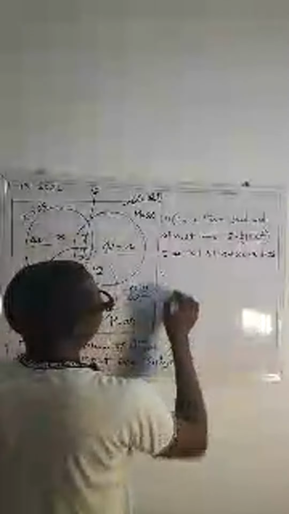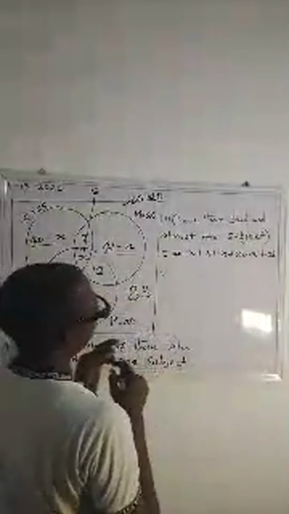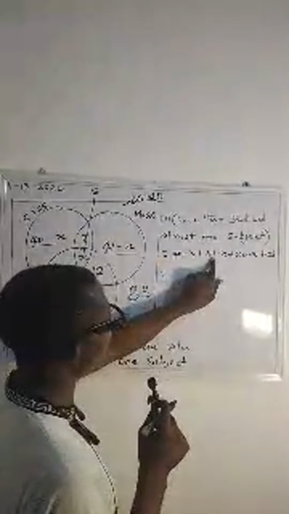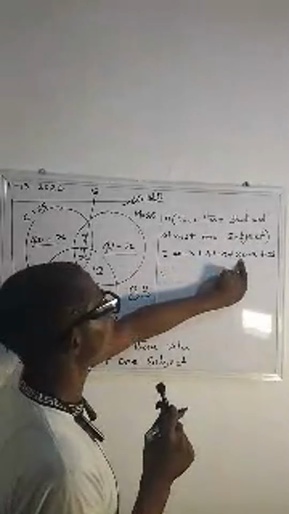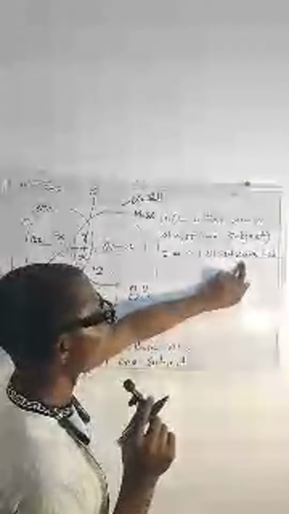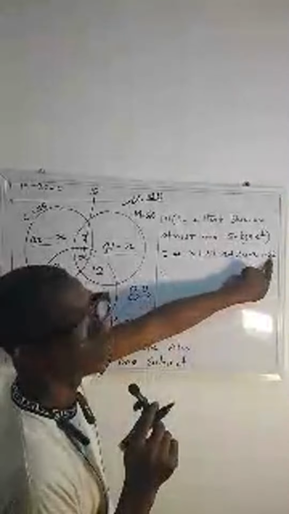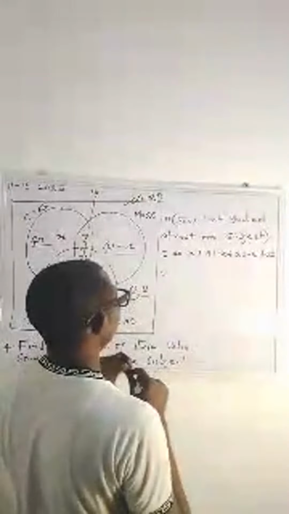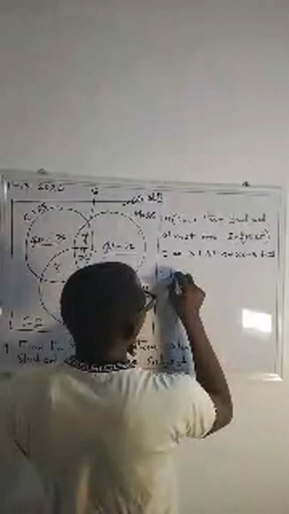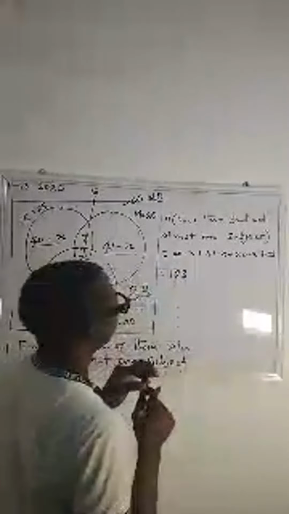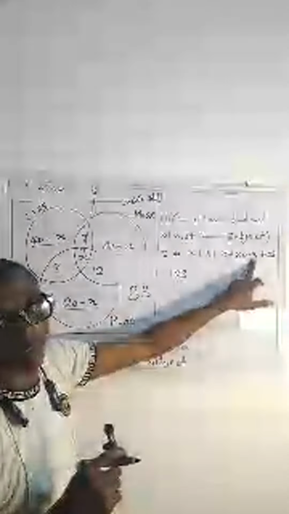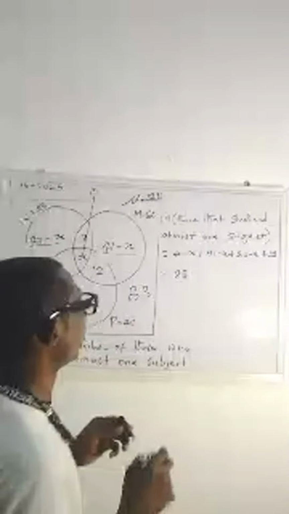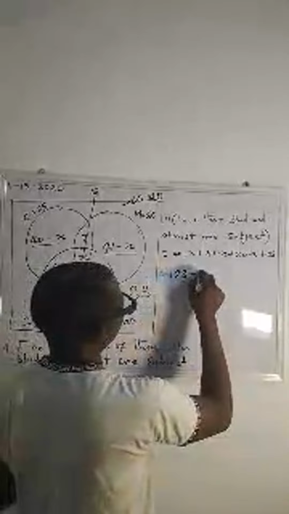Okay, so now let's add the numbers together. This plus this, that's 81. Now plus 20, that is 101. 101 plus this, that's 123. Okay, so we have minus x minus x minus x, making minus 3x.